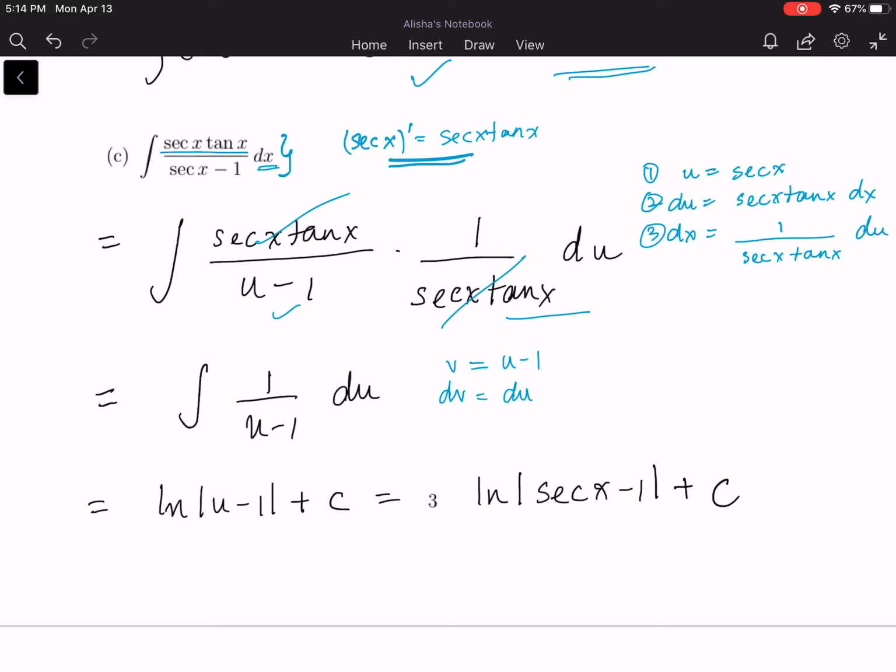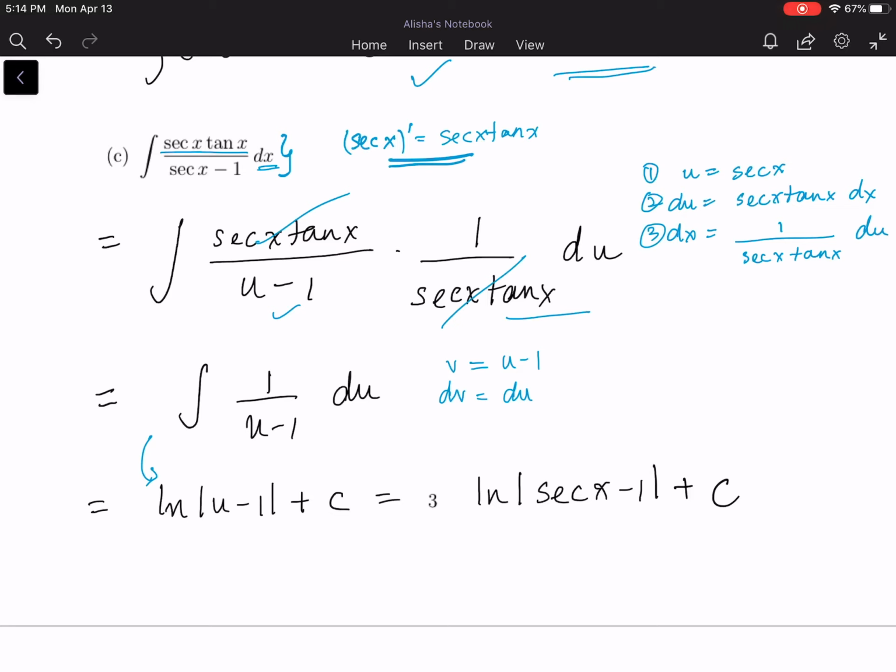So whether you want to do it in a couple steps with a substitution, or if you have enough practice to just go straight away to here, that's totally up to you. But either way, make sure that you're seeing the same answer.